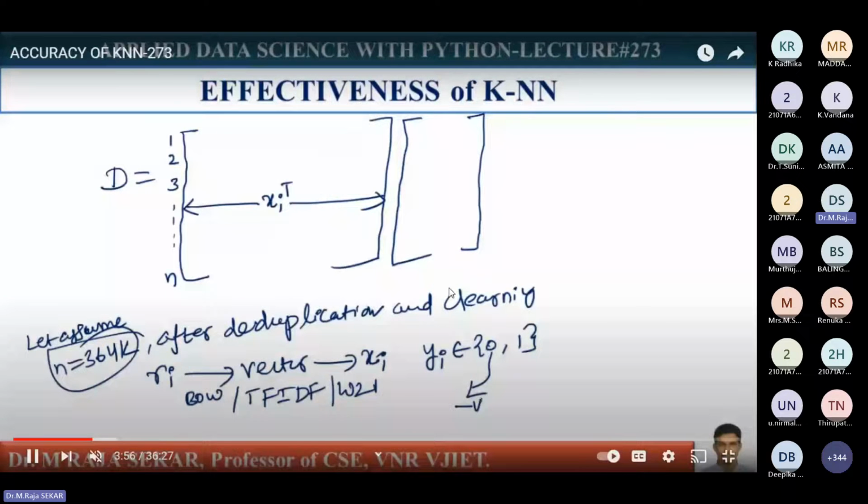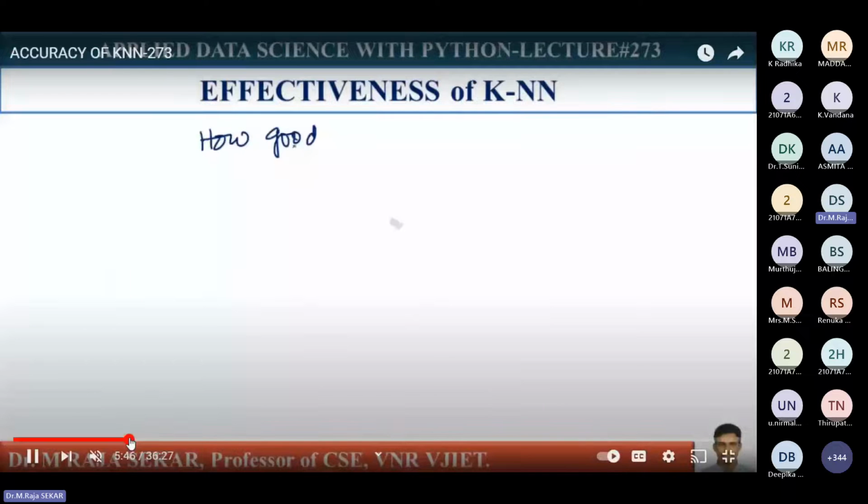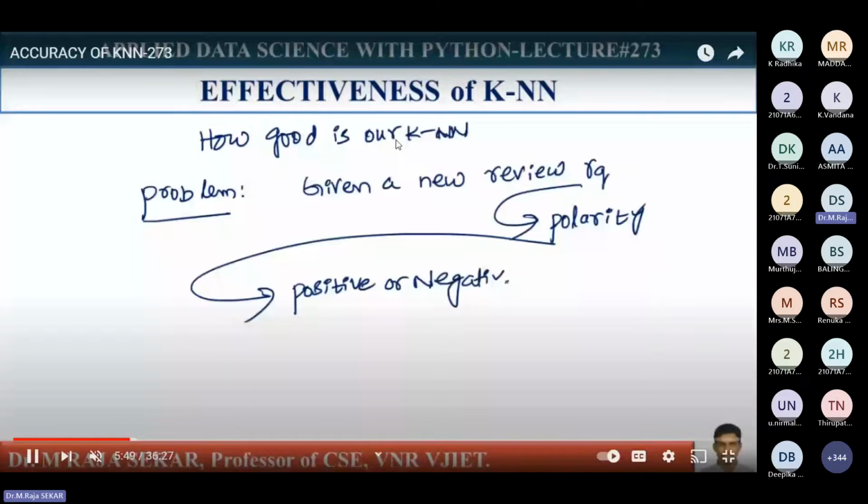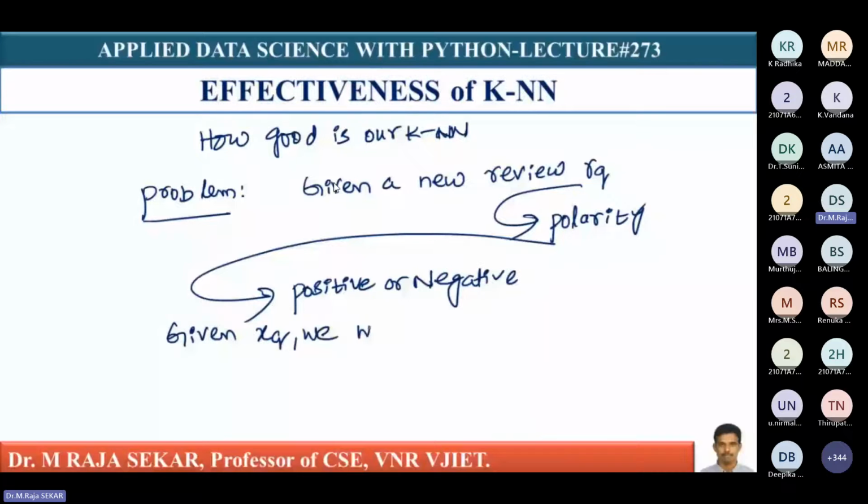Now accuracy means what? What is the effectiveness of KNN? Here the problem is, how good is our KNN? That is important. After building the model, even if you write a paper, if you devise some mechanism, in the results and conclusion you need some sort of performance measure, in which here you are using accuracy. Again, I'm reiterating, accuracy is not the only measure.